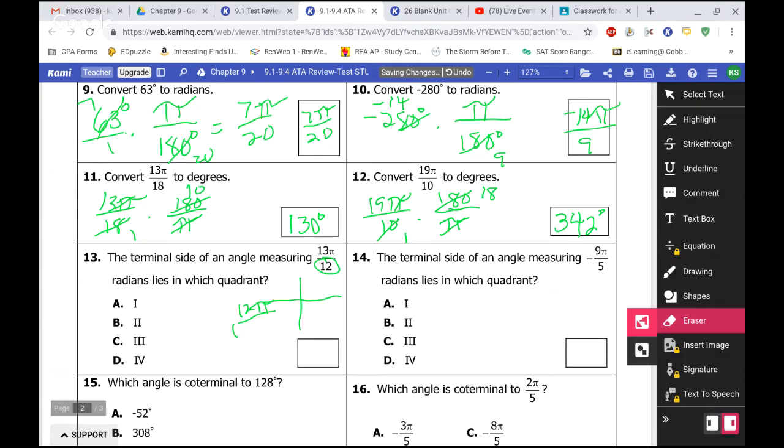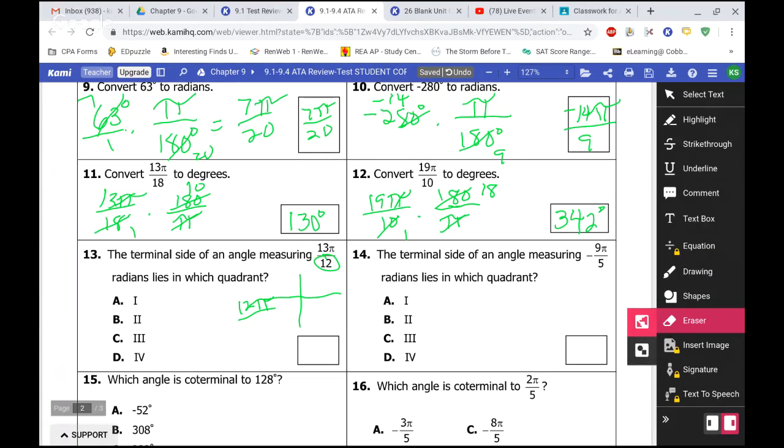So I want to convert this to something where I can make a comparison of 13 pi over 12 to 12 pi over 12, because I know that 12 pi over 12 is the equivalent of pi. Does that make sense to everybody before I move on?